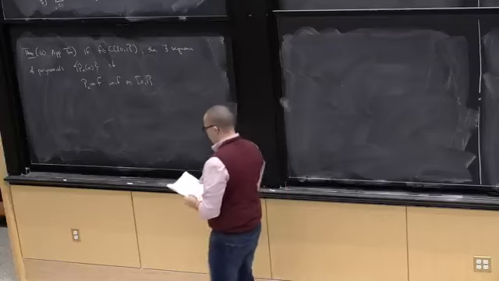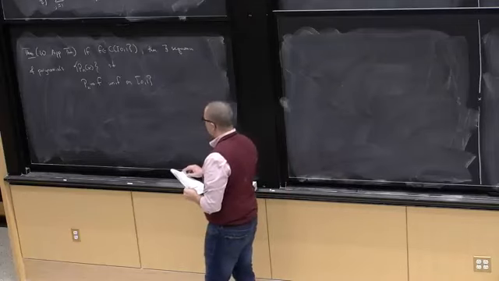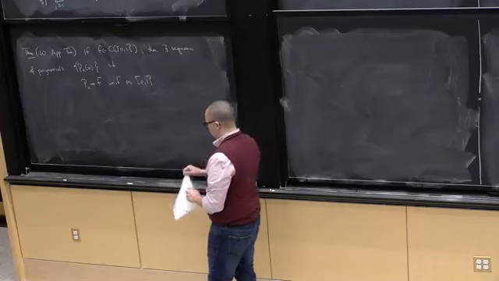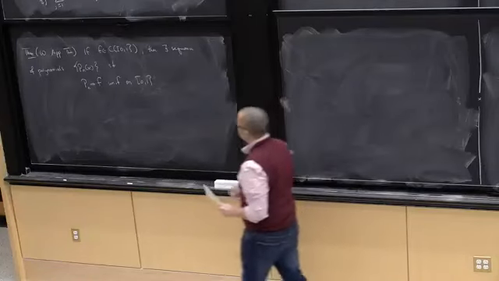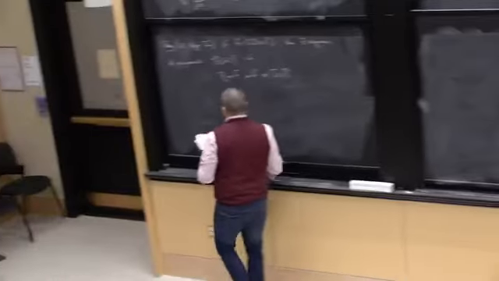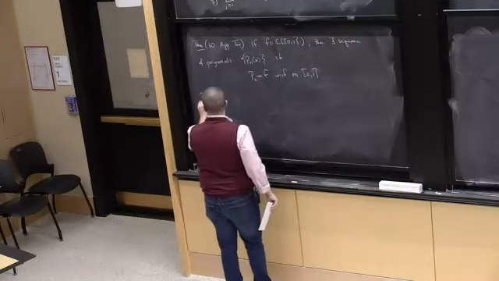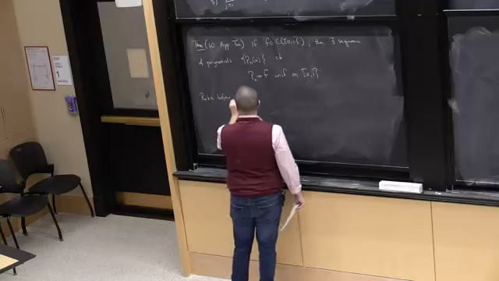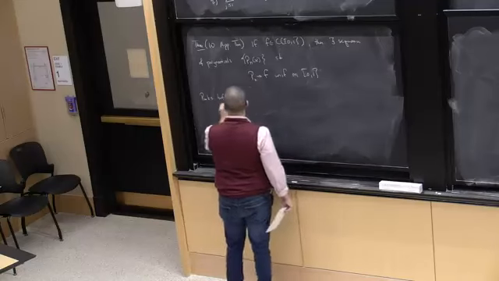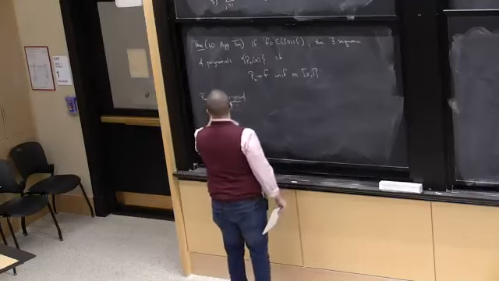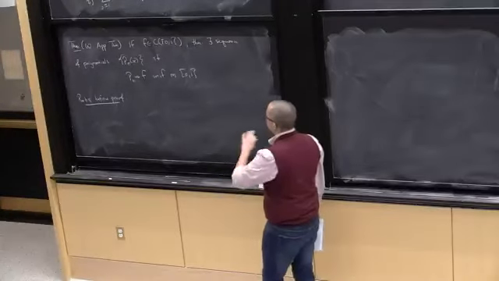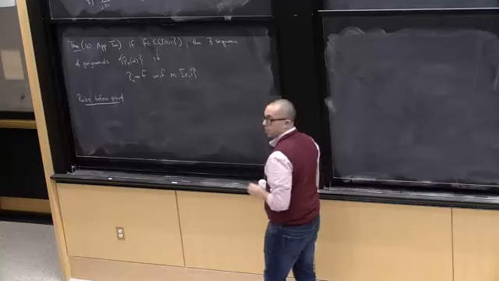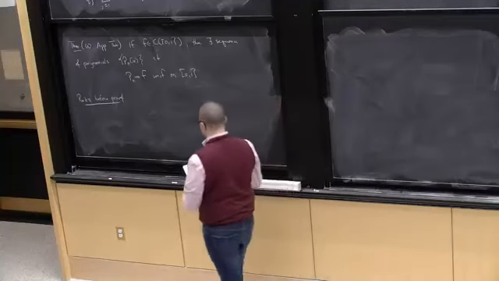Okay, so I need to first prove a couple of things that will be needed. So let me make some remarks before we go to the proof. So we're putting the proof on hold now. I don't necessarily need to prove this statement for every f, just for certain f, and then every f will follow from this special class.